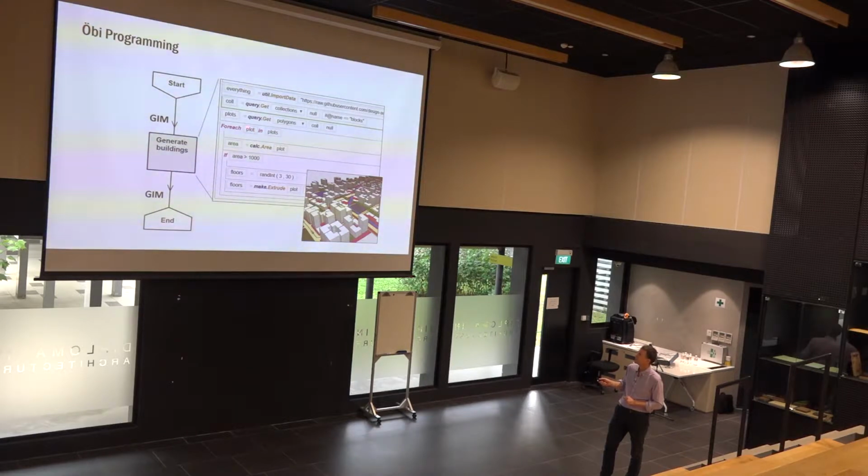You say for each plot in plots, so you're going to repeat something for each plot. Basically these extruded buildings are here. You're repeating for each plot, and for each plot you're extruding the building. You calculate the area, and if the area is bigger than 1,000, then create a random number between 3 and 30, and then extrude them.